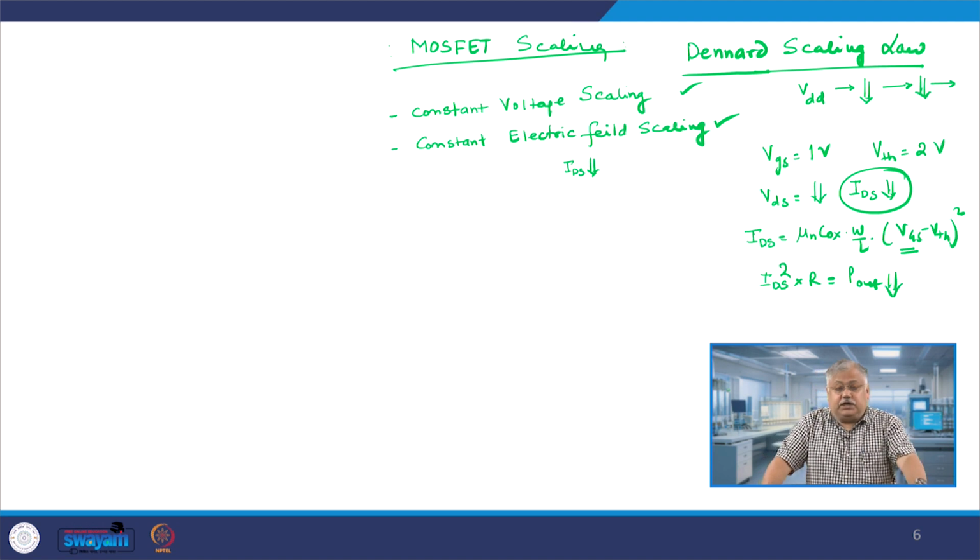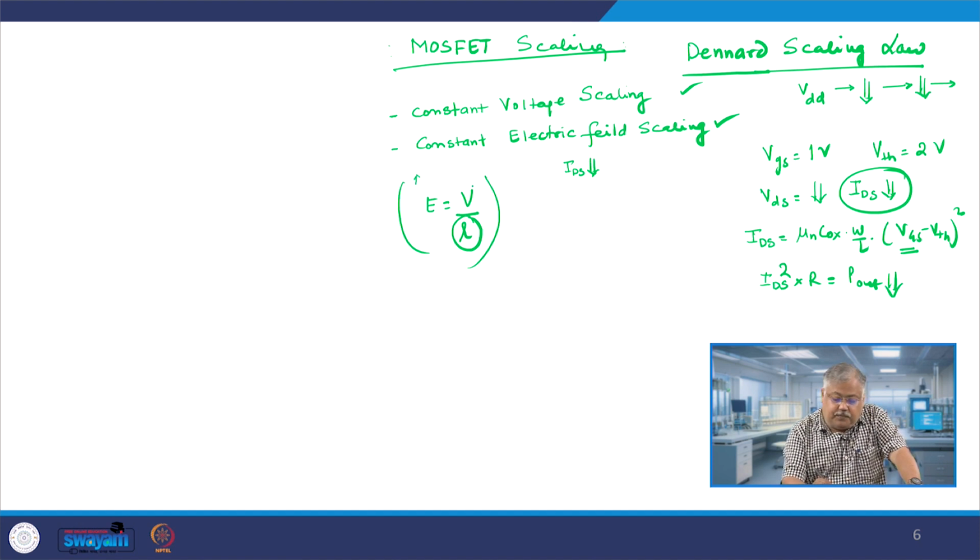Let me come to constant electric field scaling. As the name suggests, what we do here is that electric field is defined as voltage by channel length L. So, if you reduce this value of L only, your electric field will increase, right.